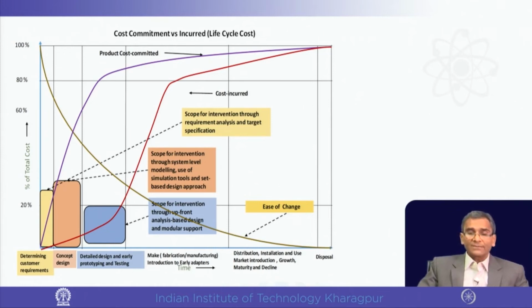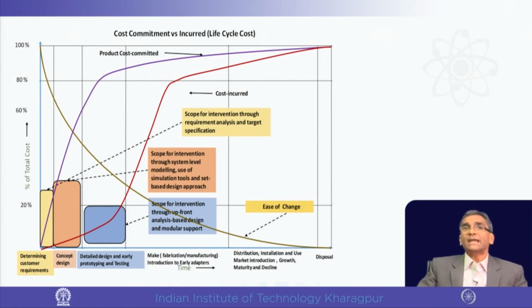Similarly, for the concept design, there is scope for intervention through system level modeling, different digital modeling, different analysis, using several tools and approaches, which can save a lot of incorrect or erroneous design concepts or features.